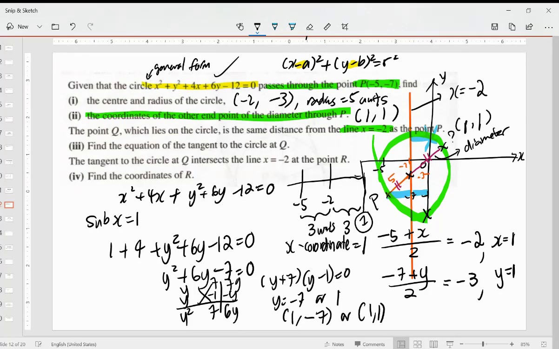Oh, so it is actually possible to be here. So the distance actually is the same. There are 2 candidates here, (1, -7) or (1, 1). And (1, 1) happens to be the diameter end that we are talking about.